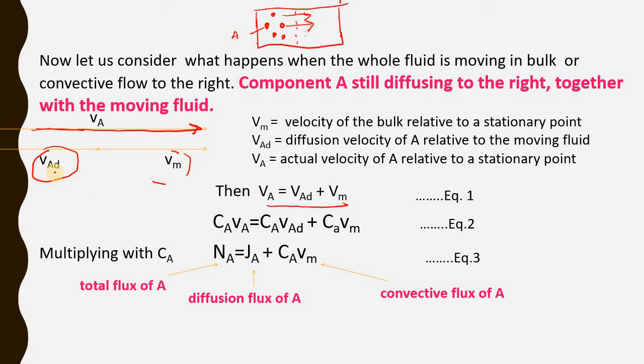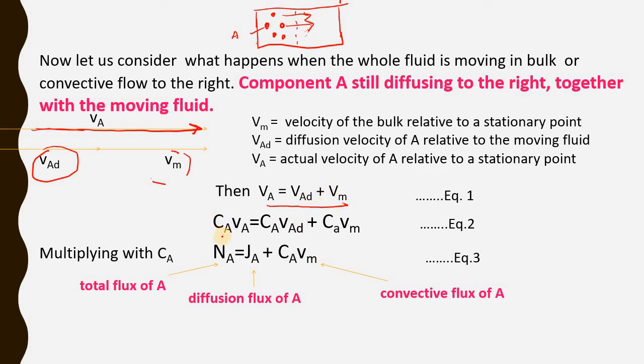VAD is the diffusion of species A when the fluid is also moving, and VM is the velocity of the bulk, referring to the fluid. So VA, the actual velocity, is equal to VAD plus VM.